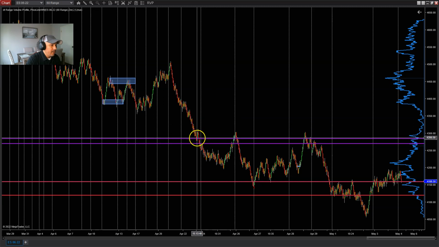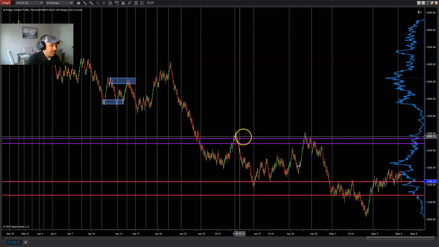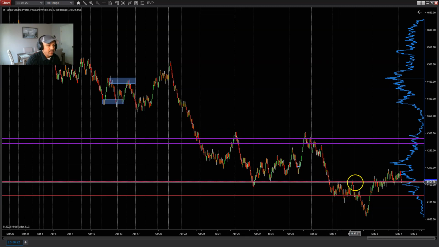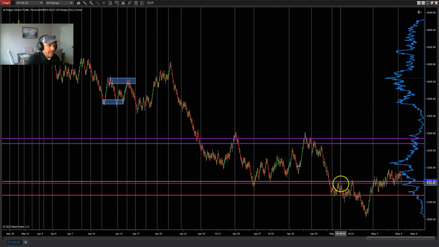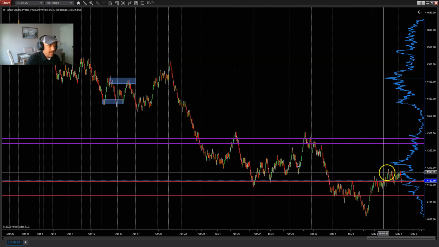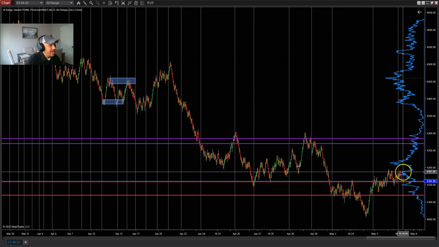Pull back in an area of supply, boom, dropping lower. Price pulls back, tests the high here, which was an area of supply, boom, drops lower. Pulls back. This is just an area of resistance pretty much right here. Coming out of this major swing, pulls back to resistance, drops lower. We pull back, we hit a key area of supply I mentioned yesterday at the 89 or 90 area, and what does price do?